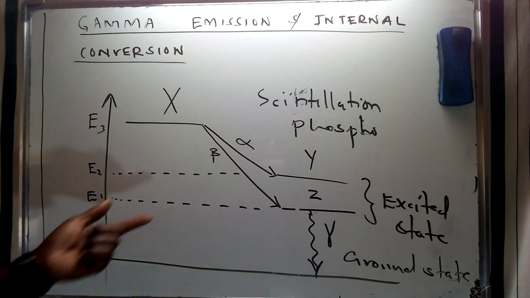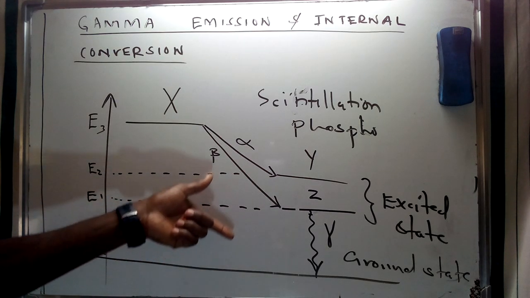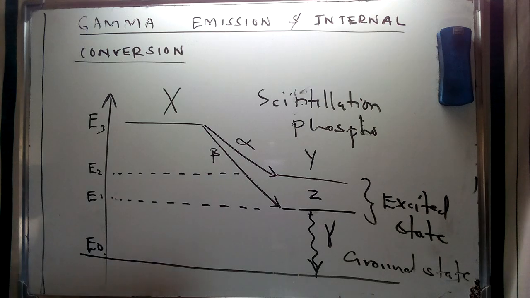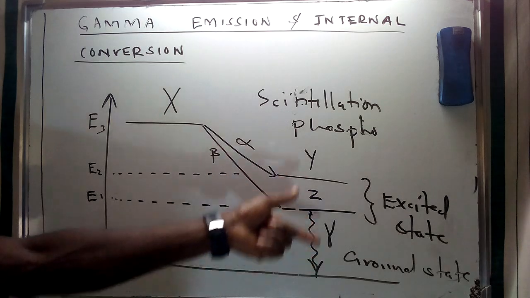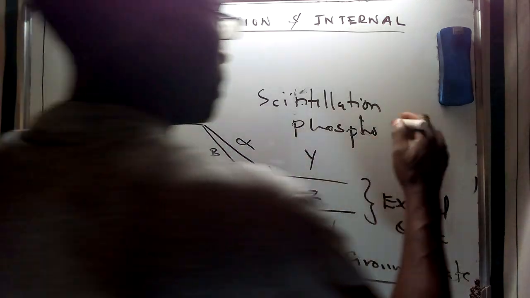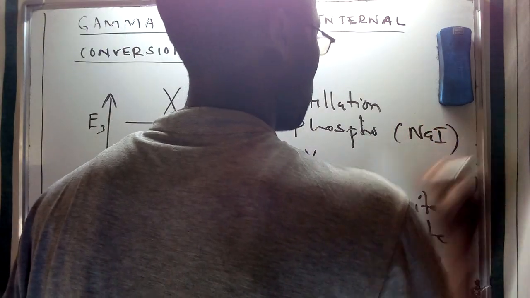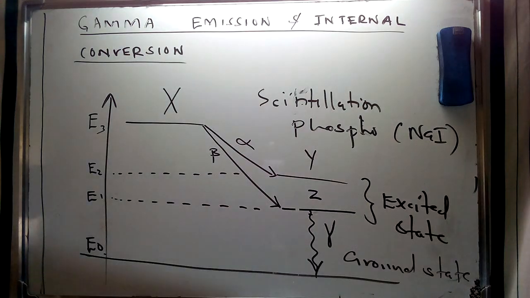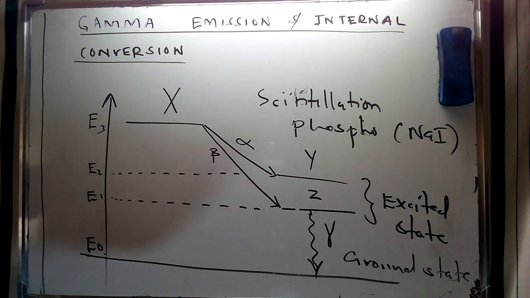So this is one of the ways in which you can determine a daughter nuclei which is undergoing this process of internal conversion, by exposing them to this particular type of material. We can give an example of a compound like sodium iodide, which falls under that specific class.